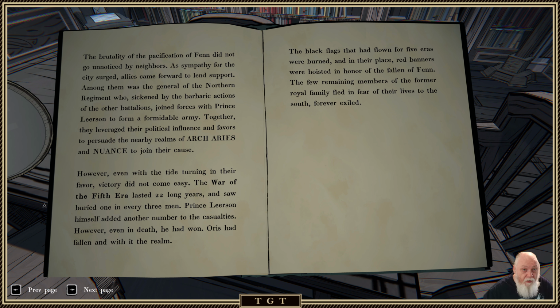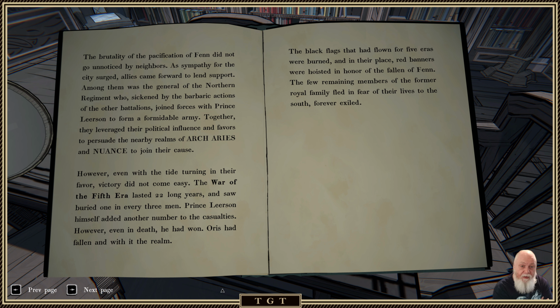So, the brutality of the pacification of Fen did not go unnoticed by neighbors. As sympathy for the city surged, allies came forward to lend support. Among them was the general of the Northern Regiment, who, sickened by the barbaric actions of the other battalions, joined forces with Prince Learson to form a formidable army.